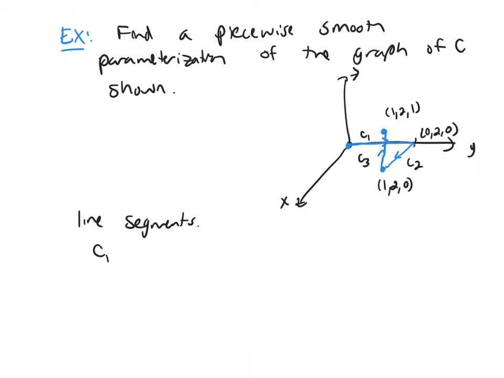parameterization of C1. Well, if you look at C1, you're moving along the y-axis, so x will be 0, and z will also be 0, but then y, if I let t go between 0 and 1, ends out at 2, so y would be 2t.